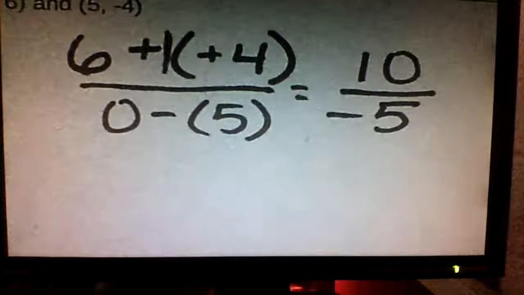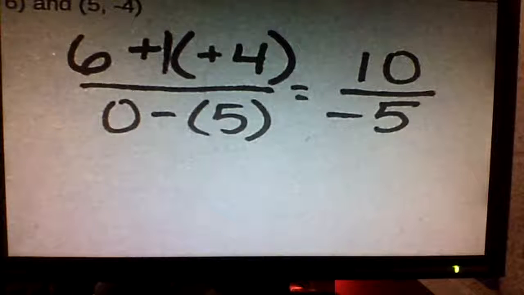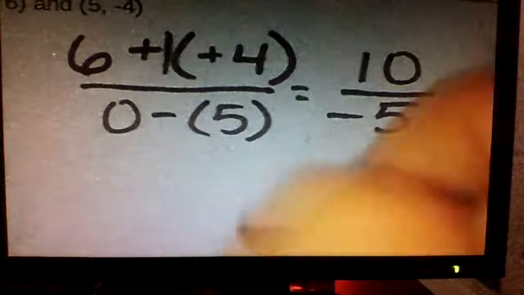Now, if it looked like this more, then yes. But because you have that plus sign there, the 1 distributes over, not the 6. So just be careful. Okay. So 10 divided by -5 is -2.